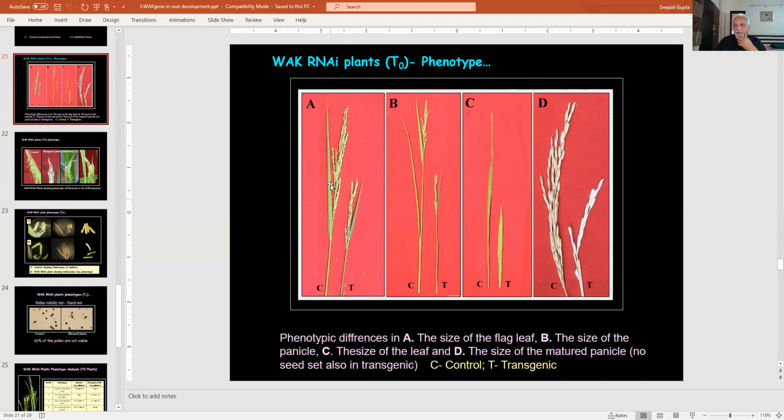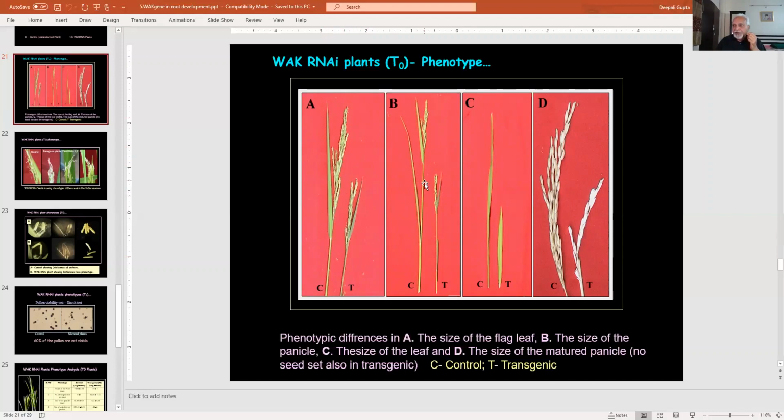This is the flag leaf, we call it, which covers the inflorescence. This is the flag leaf, normal, and in the RNA silenced plants, it is very, very reduced. So one difference which one could see visually is the size of the flag leaf, and also the inflorescence is reduced.